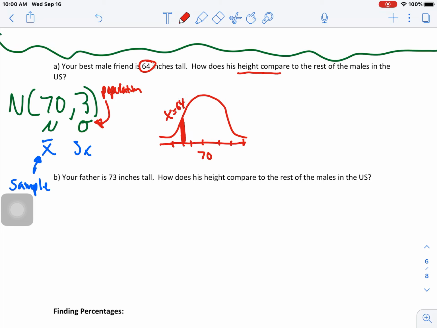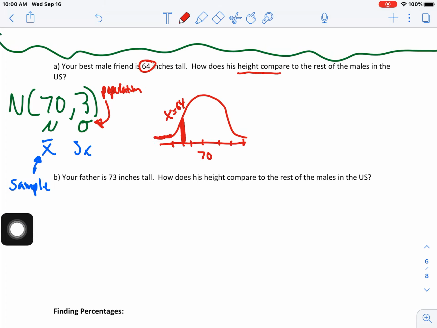Now we want to see how he compares to the rest of the males in the US. So we pretty much want to see what his percentile is. What percent of the male population is he taller than?